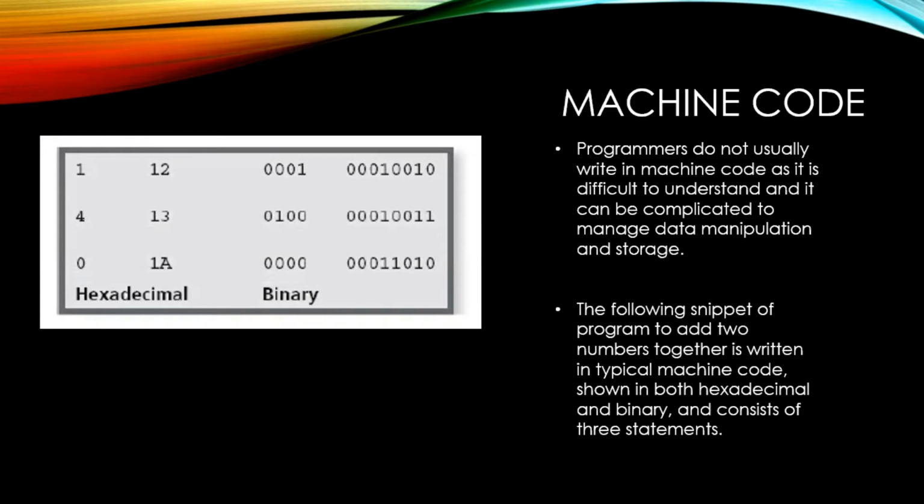Now when we write our code in either a high-level programming language or a low-level programming language, this should normally be translated. Okay, so as you can see, the following two snippets or programs are written in typical machine code, shown in both hexadecimal and binary, and consist of 3 statements.